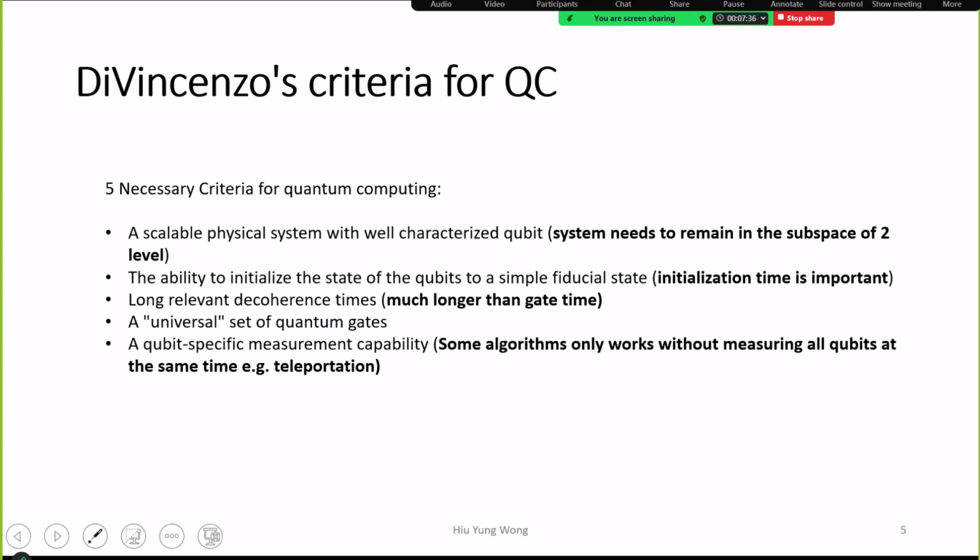So let's go back to ask ourselves again, what is required to make an architecture suitable for a quantum computer? We have learned about spin qubit. We follow DiVincenzo's criteria. The spin qubit has two levels, spin up and spin down, a very well-defined two-level system. We were able to initialize the qubit.